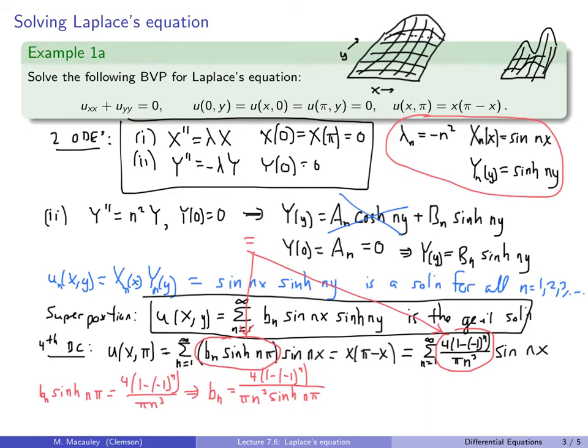So that tells us that, let's write that out, u of xy equals the sum from n equals 1 to infinity of 4 times 1 minus negative 1 to the n over pi n cubed sinh of n pi, remember this whole thing is just a number, times sine of nx times sinh of ny.